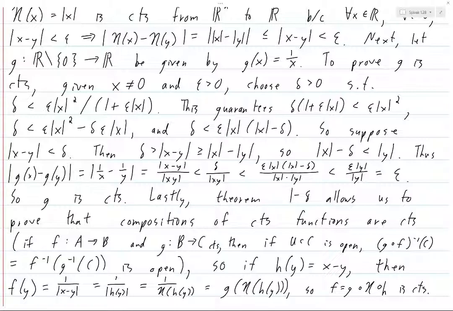If f tilde was a function from R to R, then there might be some potential issues because the codomain of f tilde would be all of R, whereas the domain of g would just be all non-zero real numbers. But in this case, it's fine. We have f is a composition of continuous functions, so it's continuous, and we proved that it's bounded, and those are the things that we wanted to prove, and so we're done.